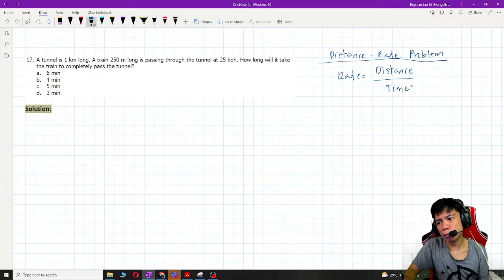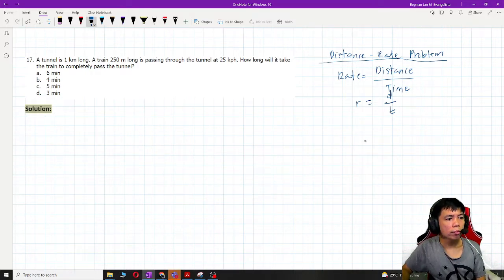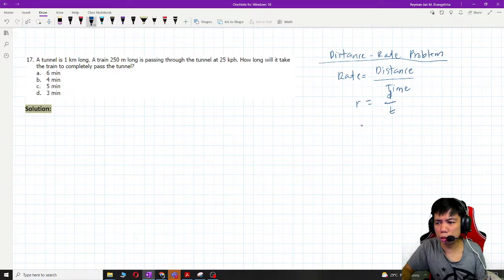So yung rate mo is R, yung distance is D, and then the time is T. Papaikutin mo lang yan. To get the distance, just multiply the rate by the time. To get the time, gagawin mo lang dyan is divide the distance by the rate.